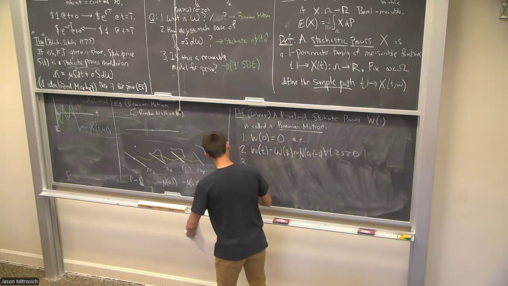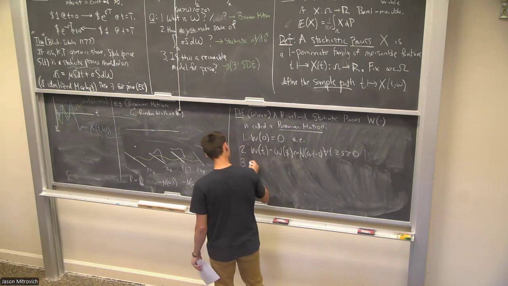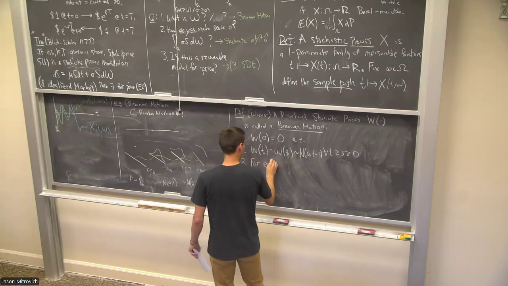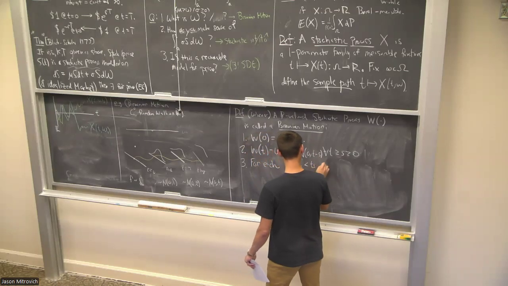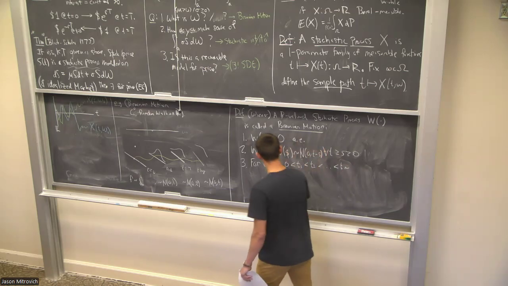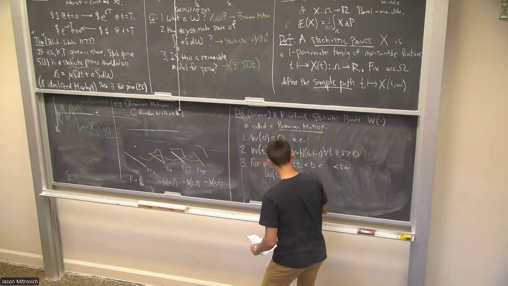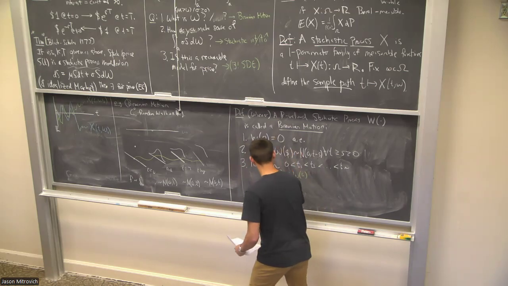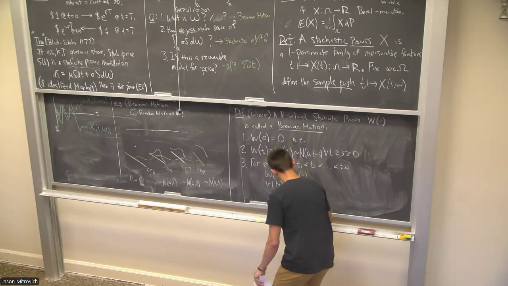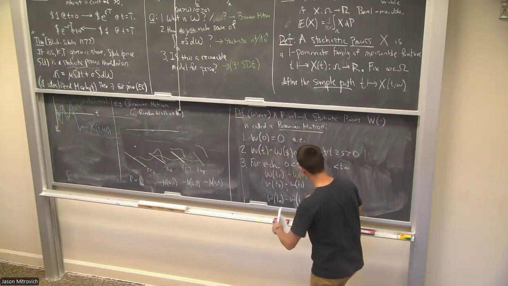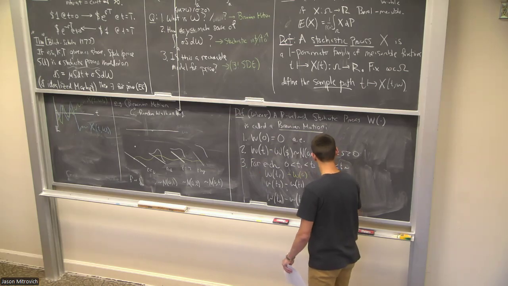And then we have an independence condition, I'll call it that. For each finite collection of times 0 less than T1 less than T2 and so on, these increments are independent as random variables, measurable functions, right?